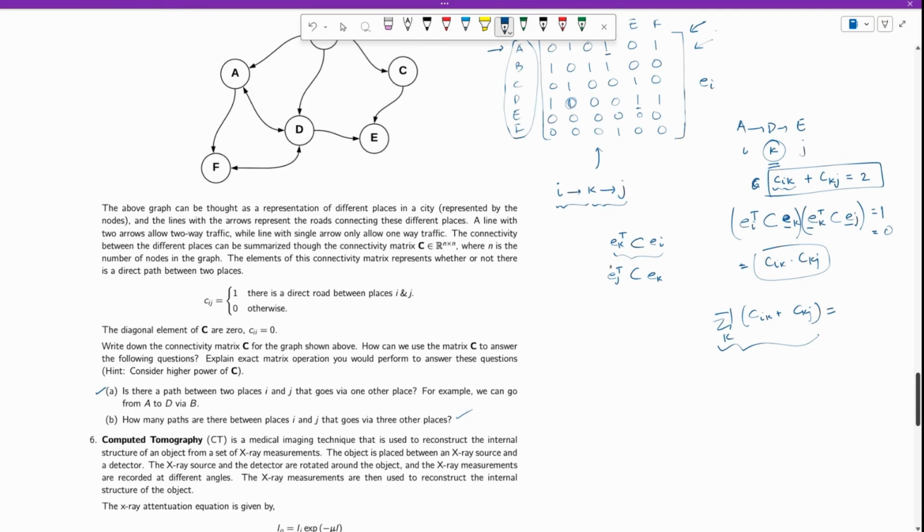What about this? Can we now find out how many paths there are from I to j that go through another node with just one intermediary? You can extend this and ask for paths from I to j that have two intermediaries, or paths where I have two stops in the middle.